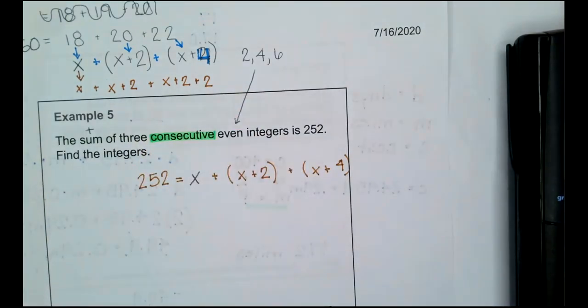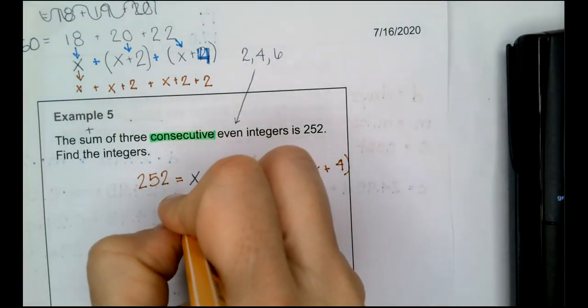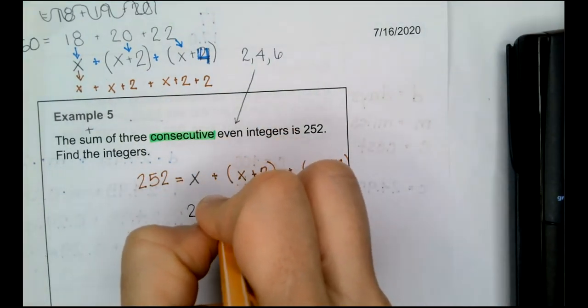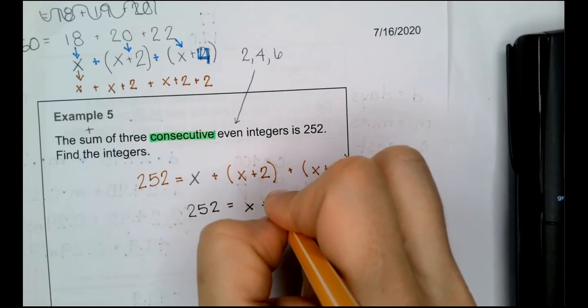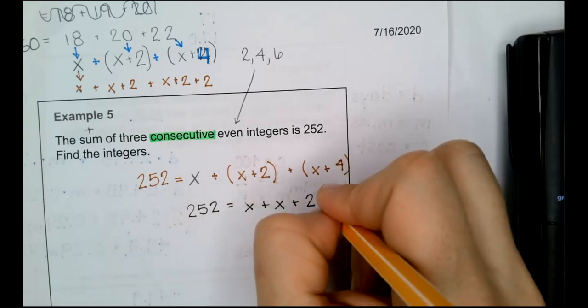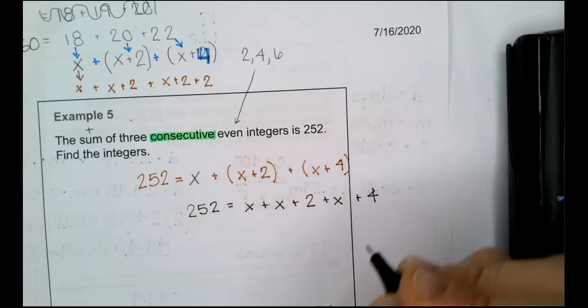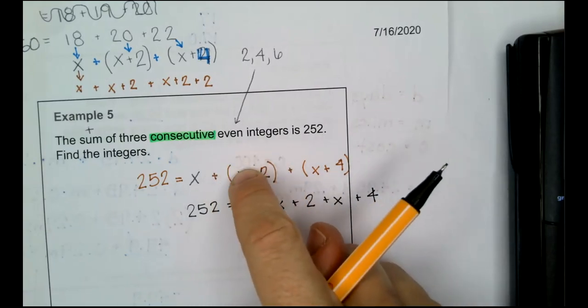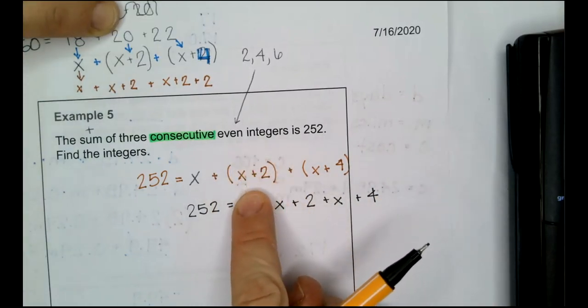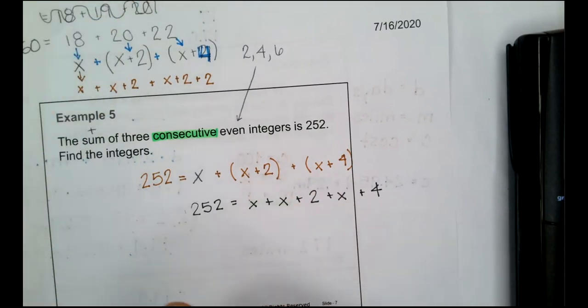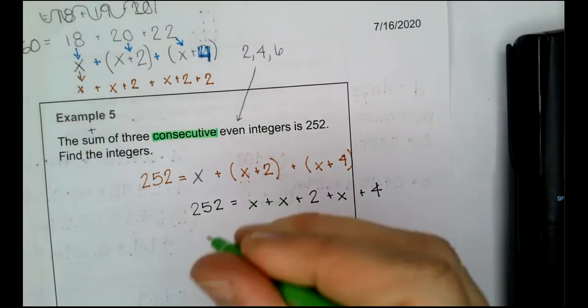Okay, so what do we need to do with this information? I would take away the parentheses. 252 is x plus 2 plus x plus 4. The parentheses just represented that this was one number, and this was another number, but we don't need them for the math portion, right? Now I'm just going to combine like terms.